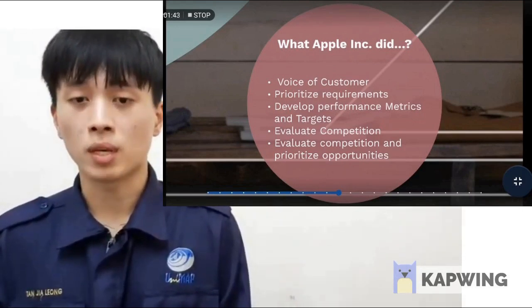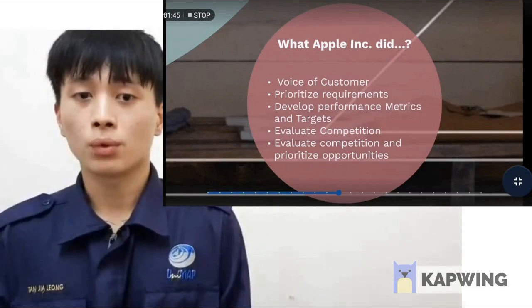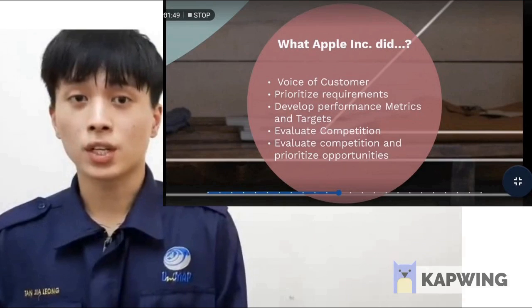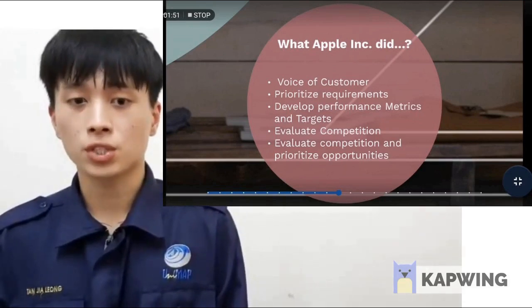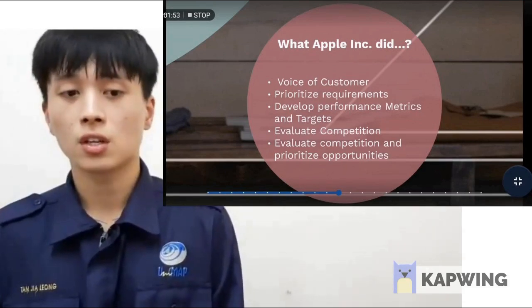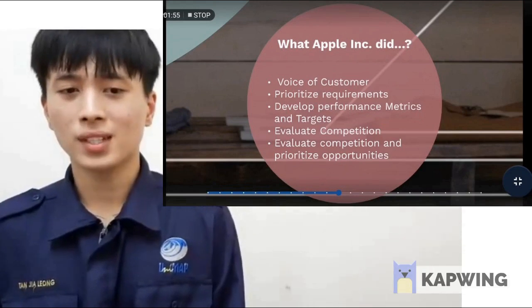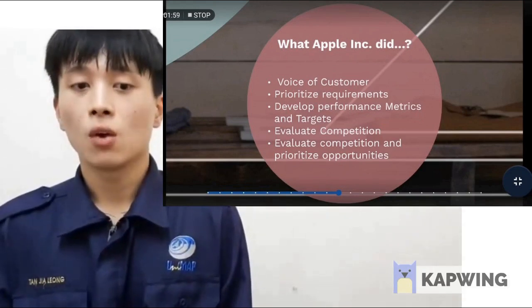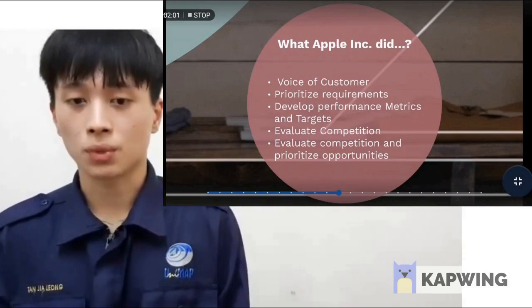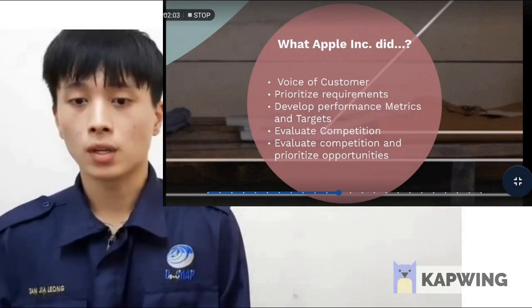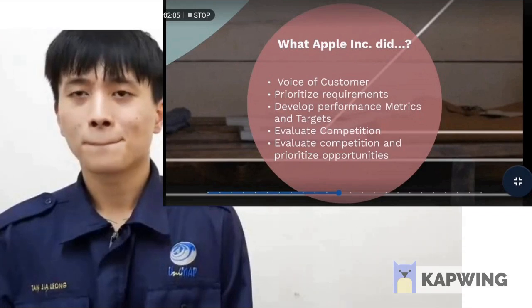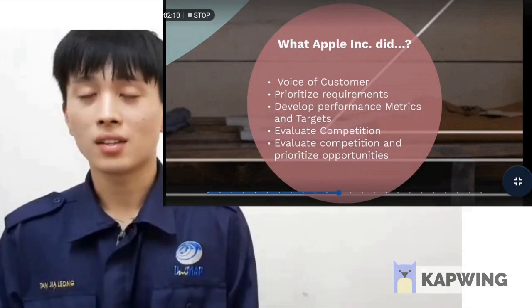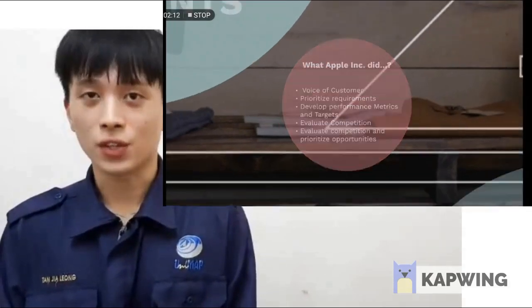And to develop the performance metrics and targets, we used the metrics determinant from the House of Quality. And to evaluate the competition, we did thorough research into other products. And to evaluate the competition and prioritize the opportunities, we used determining strengths to build upon to meet the customer requirements. And that is all from me. Thank you.